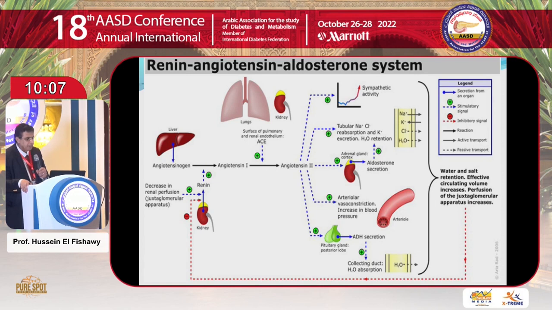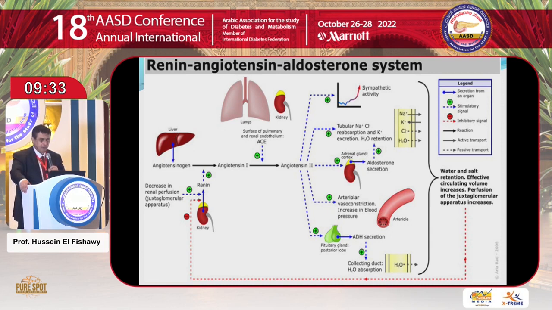So what is the role of renin angiotensin? Angiotensinogen is produced by the liver. Renin is secreted by the kidney. It converts angiotensinogen to angiotensin 1, and the ACE produced by the lung will convert angiotensin 1 to angiotensin 2, which increases sympathetic activity and of course blood pressure, tubular sodium chloride reabsorption, and is responsible for stimulation of aldosterone, which also helps in sodium reabsorption.